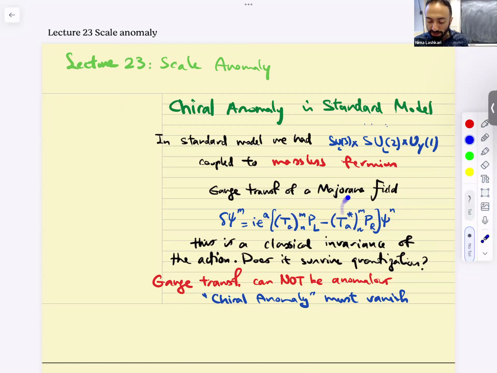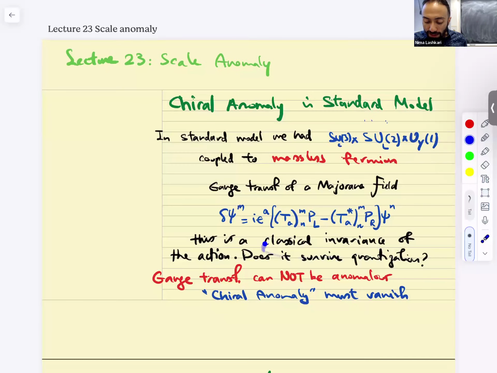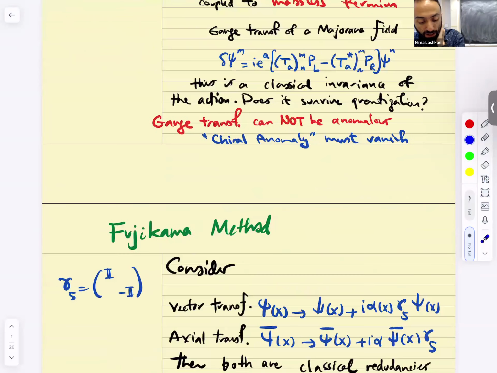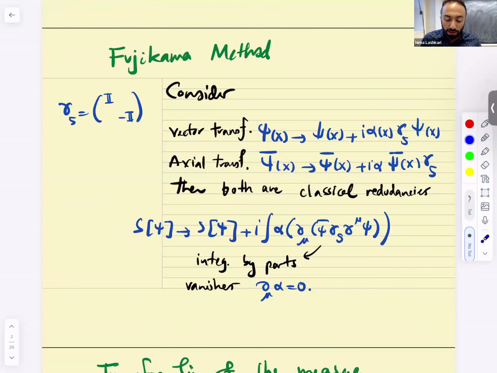The left-handed side, the right-handed side. The star is because you build the right-handed side by the fact that it's its own antiparticle. The action is classically invariant, but the question was, does this invariance survive quantization? So chiral anomaly must vanish, or the theory, as we discussed it on its own, is nonsensical. Luckily, this happened in the case of the Standard Model.